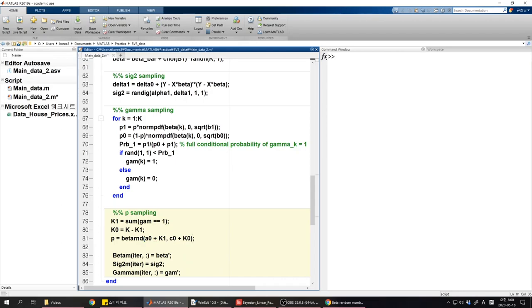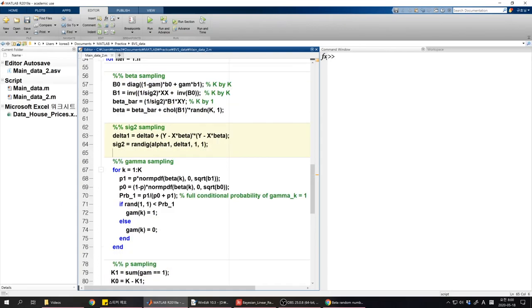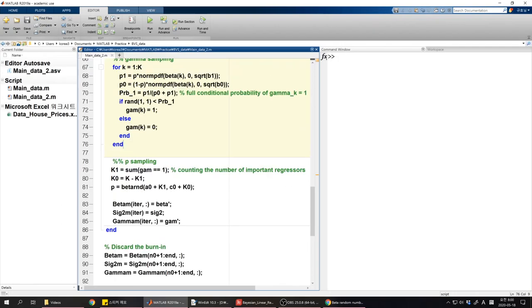Then P sampling is done. Let's try to run this. Before that, this is counting the number of important regressors. Then let's run this.